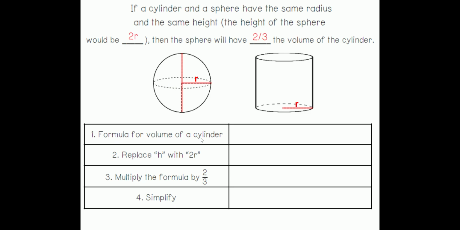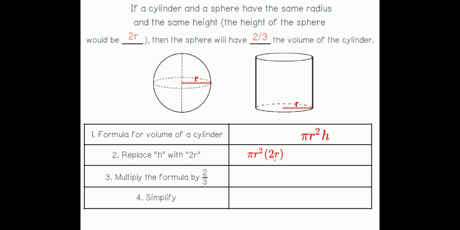The formula for the volume of a cylinder is pi r squared times h. Now, if we replace h, this height right here, with the height of the sphere, which is 2 times the radius, we're going to say pi times r squared times 2r instead of h.